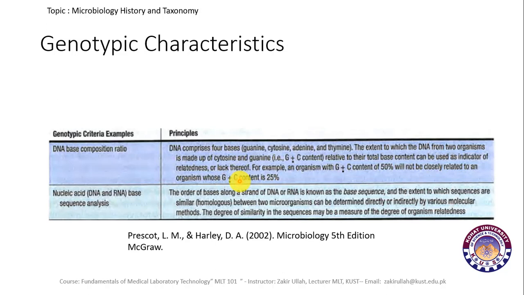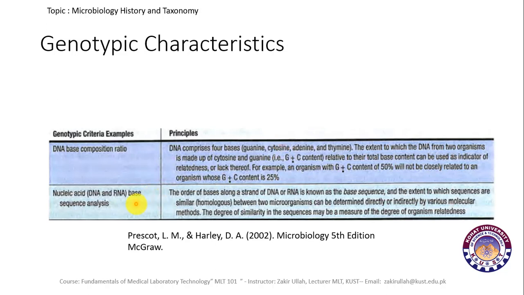For example, an organism with a high GC content, more than 50%, will not be closely related to any organism in which the GC content is less than 50%, or around 25%. So both of these organisms are not closely related.